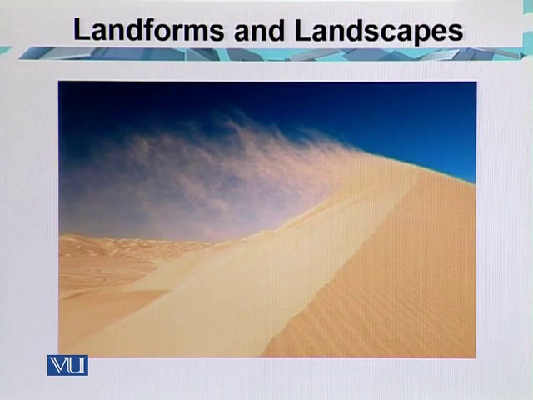It collides with other fragments that are too large to be lifted and shunts them along in a creeping motion. This results in the build-up of ripples and dunes. So this slide shows one of the features of the desert environment, the making of the ripples and dunes.